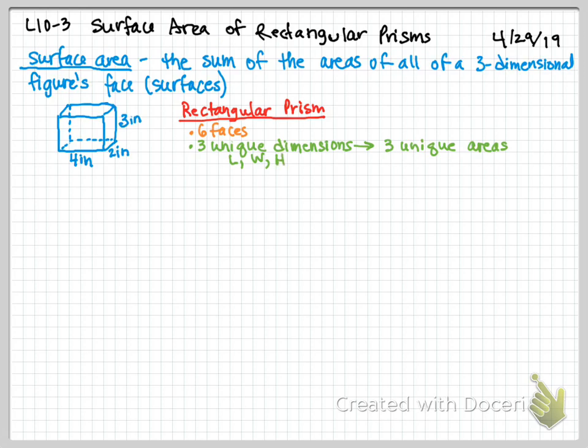Now, I mentioned this last week, the term net, and I'm pretty sure you guys should have covered this. I'll have to go back and study what happened in 5th grade, but it is a 2-dimensional representation of a 3-dimensional figure. I remember one class somebody did an amazing job with this definition.